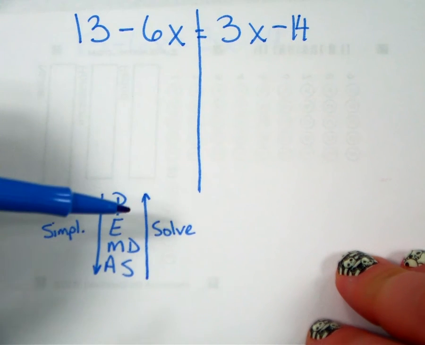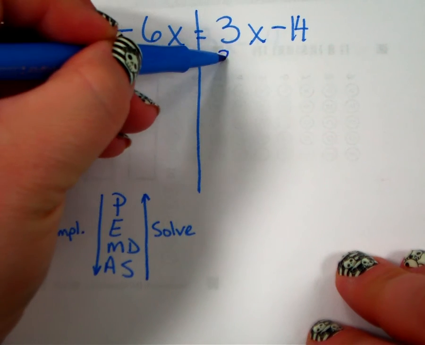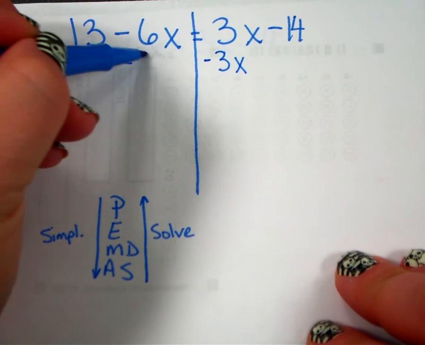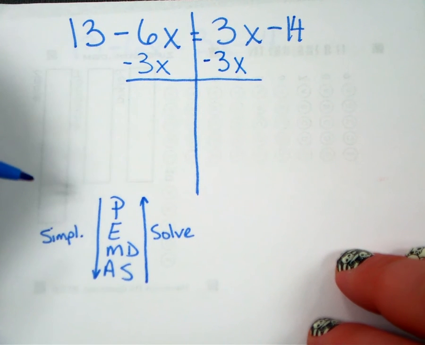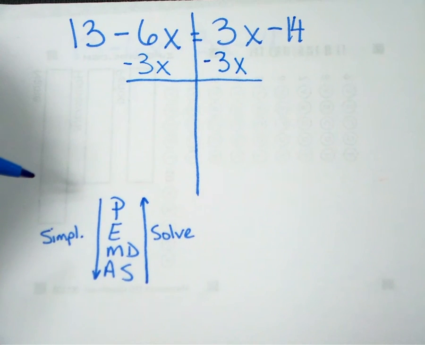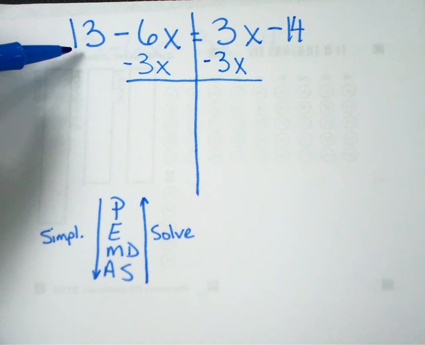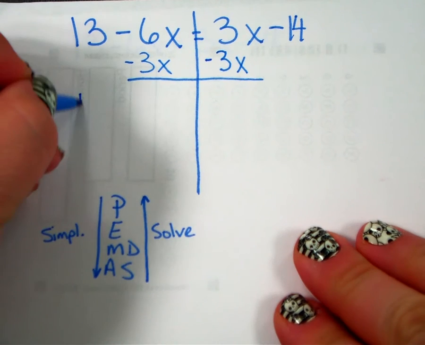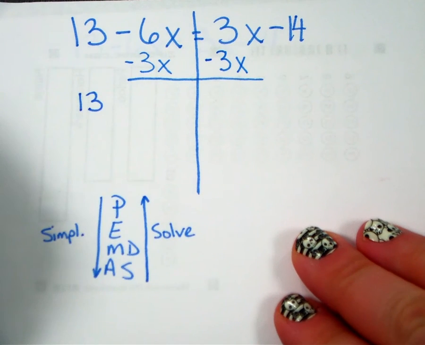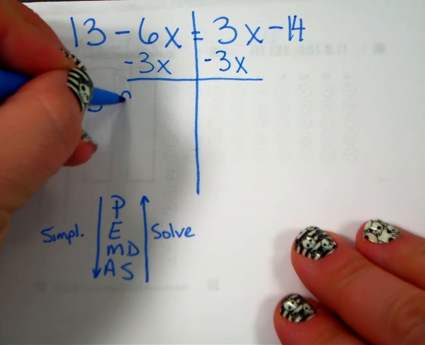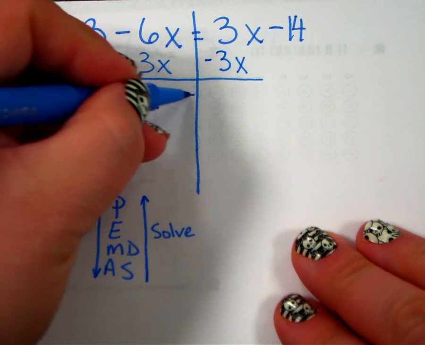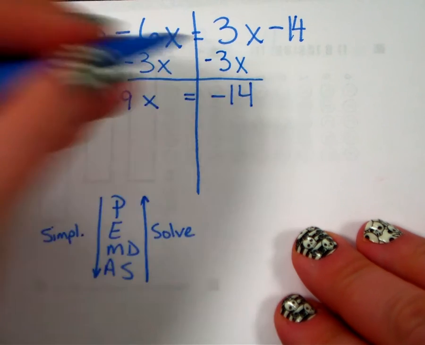I'm going to do that by subtracting 3x because it is a positive 3x. Now, we can only do that with like terms, so it has to be subtracted only from the 6x. It doesn't touch the 13. So I have 13 left on the left side, and negative 6 minus 3 gives me negative 9x. And it equals negative 14.